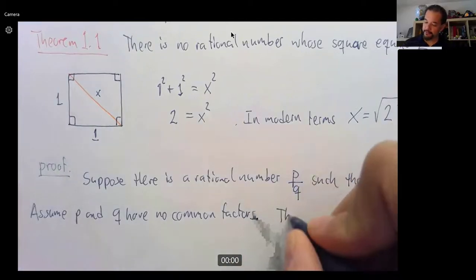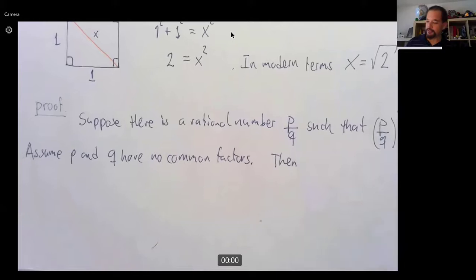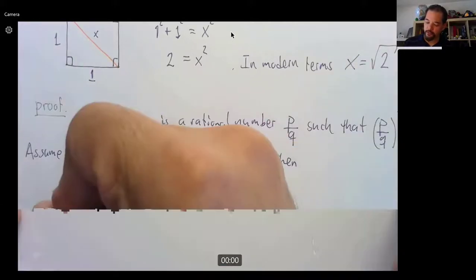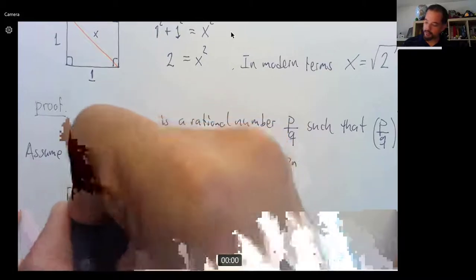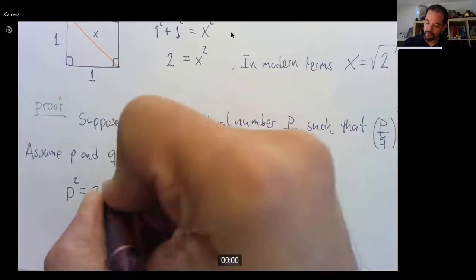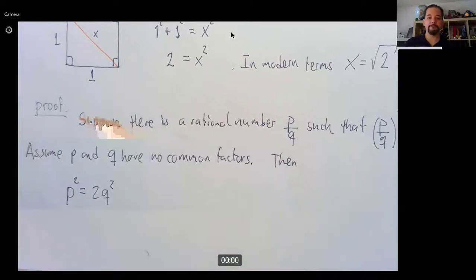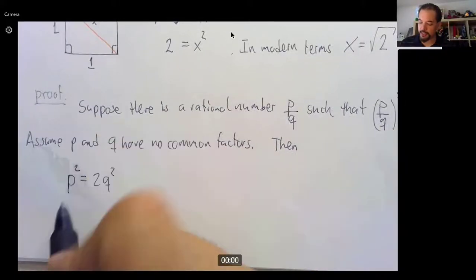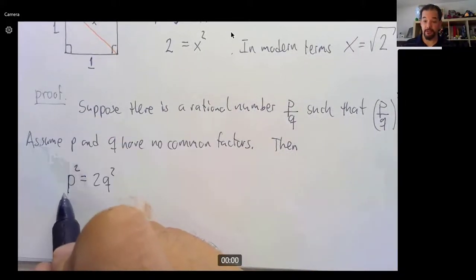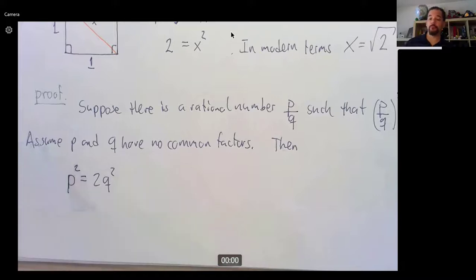Okay, then this is what happens from this little equation over here. If we multiply by q squared, we get that p squared equals 2q squared, right? And from here, the first thing we learn is that this number p must be even, right? Because if p were odd, then when you multiply two odd numbers, you get an odd number.